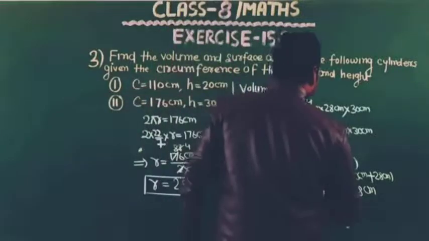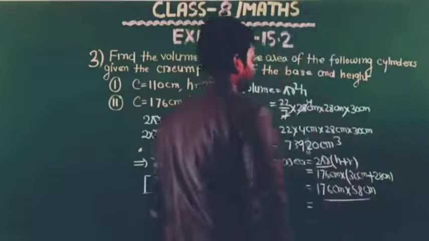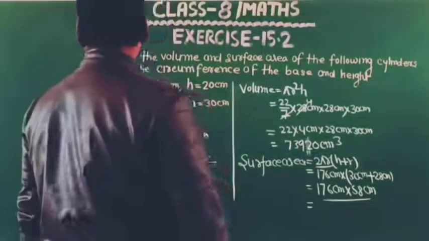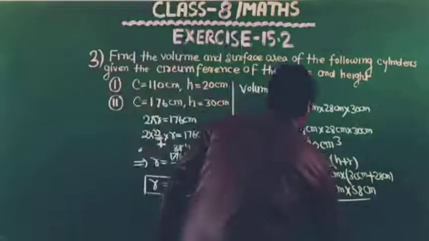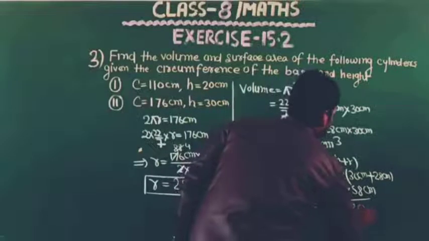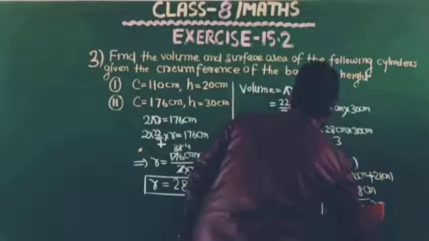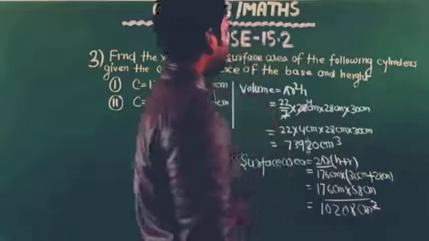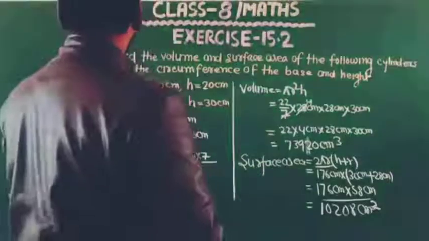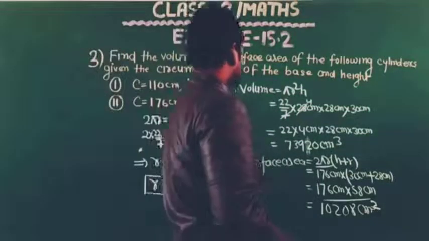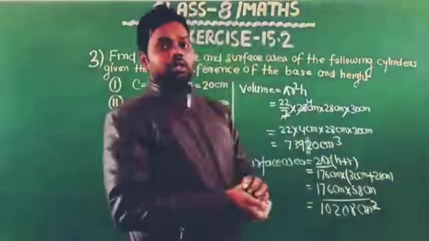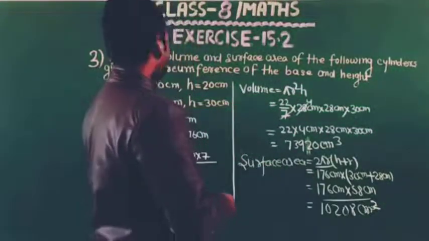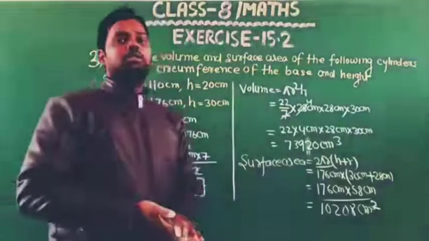After multiplication of 176 centimeter into 58 centimeter, we will get 10208 centimeter square. This is the total surface area of the cylinder. So dear children, this is the required answer of the second part of question number 3.